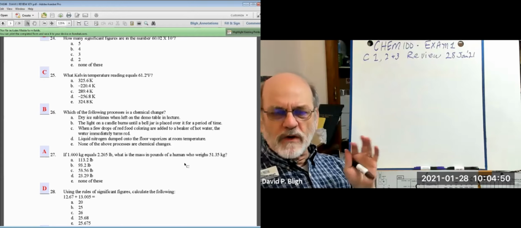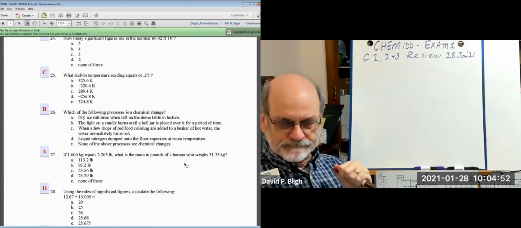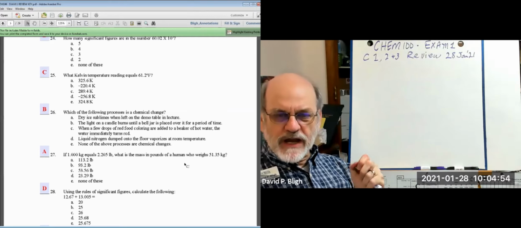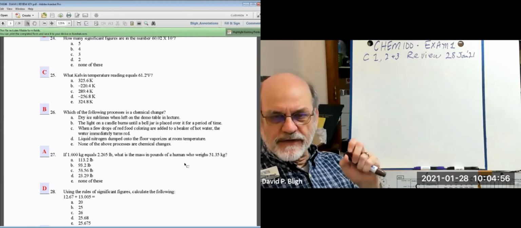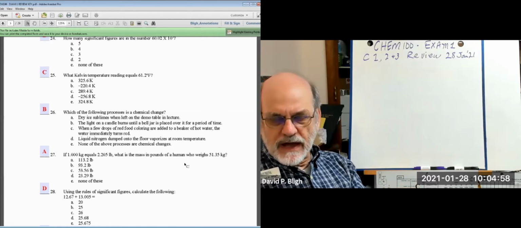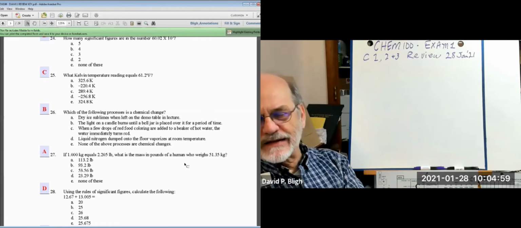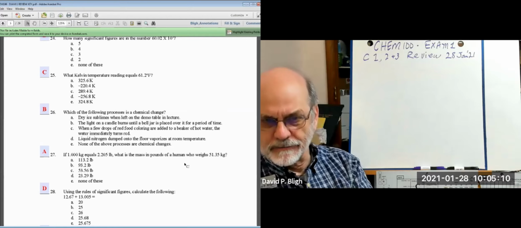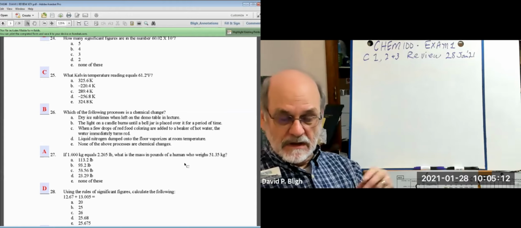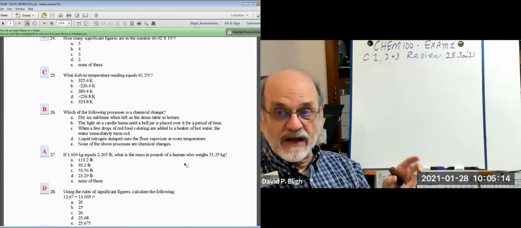It's good to know what we mean by chemical change. Right? Chemical change requires that the product has a different identity than the reactant, or the products, at least one of them, has a different identity than the reactants. Okay, and how does that happen? Well, it happens because bonds have to be broken.